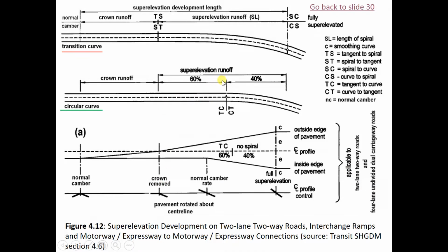This super elevation runoff will cover the whole distance. The left point is 60% of the length from the TC, and the full elevation is 40% to the right of the TC.